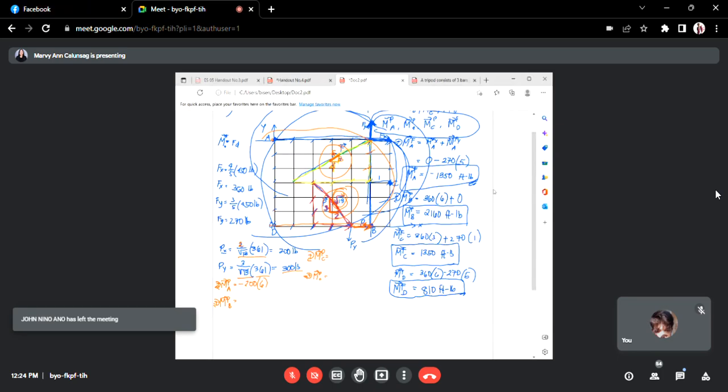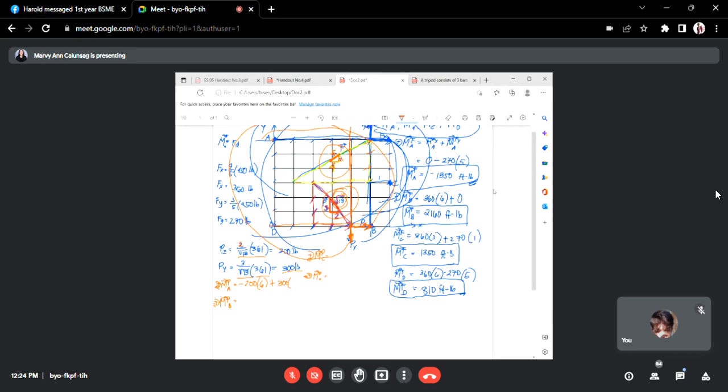And then your PY, this is your PY. Let's look at PY about A. The rotation is clockwise, so plus your PY, which is 300, and then the moment arm from the line of action of PY, which is straight. What is the distance from A? 1, 2, 3, 4, so times 4.